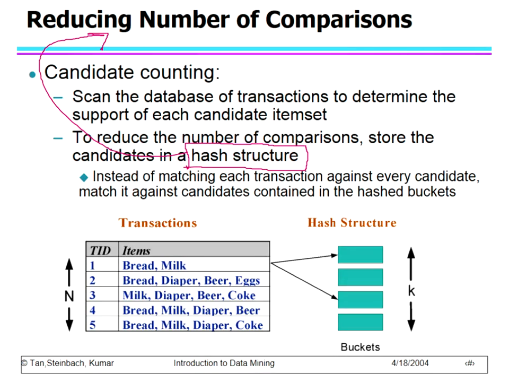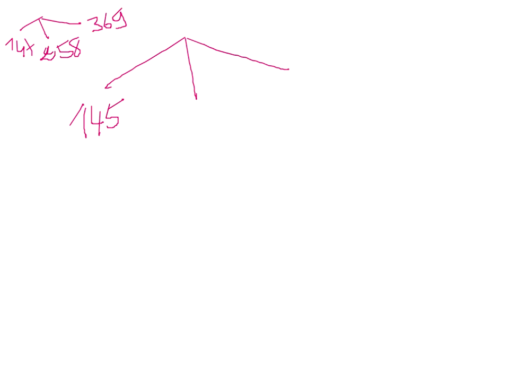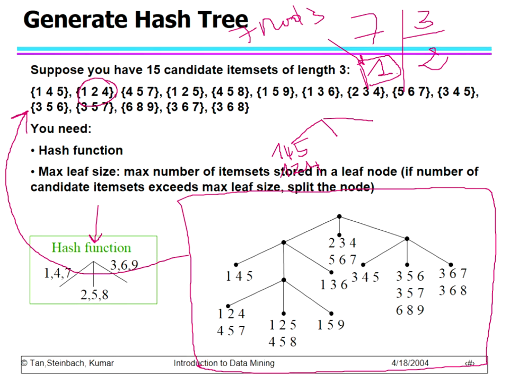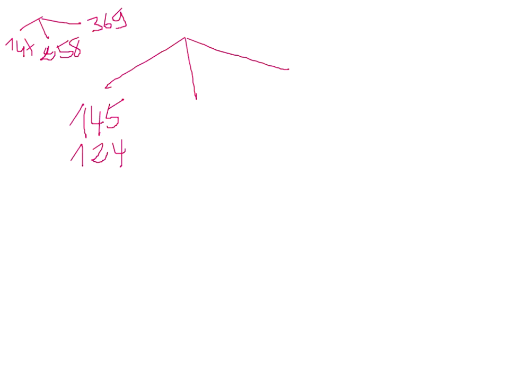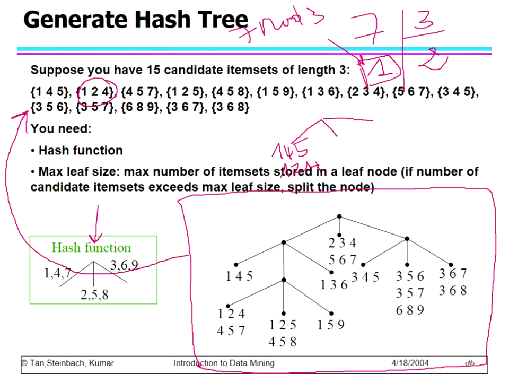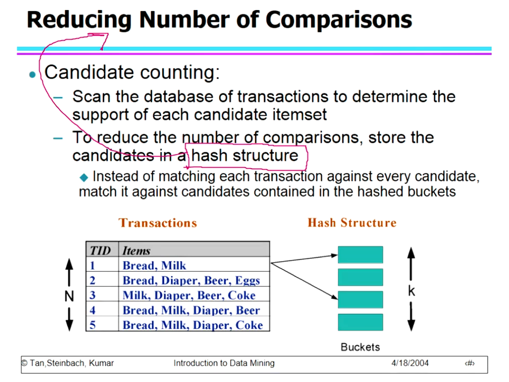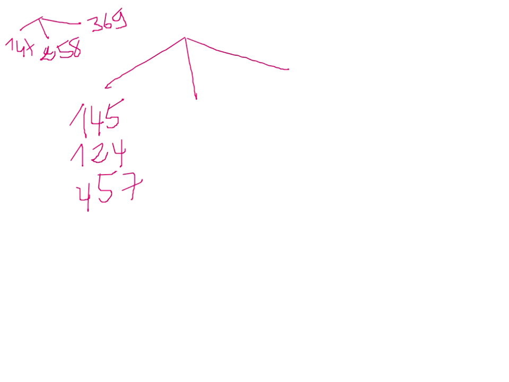After that 1, 2, 4. Also here 1, 2, 4. After that 4, 5, 7 in the same place, because 4 is in the same group. After that 1, 2, 5, in the same group.